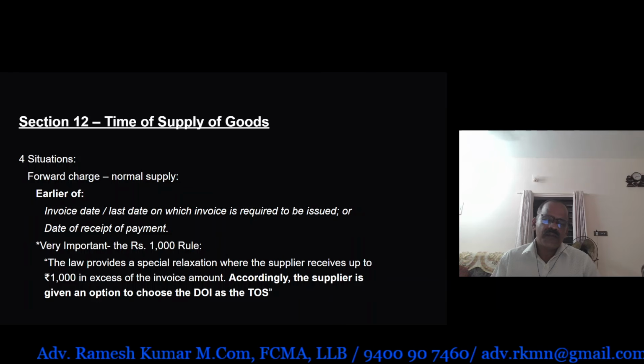Suppose the invoice is issued on the same date, that is 10th August. The payment is received, say, 5 days earlier, that is 5th August. In such a situation, the earlier date is 5th August. So the time of supply would be 5th August, of course, subject to other rules regarding receipt of payment.